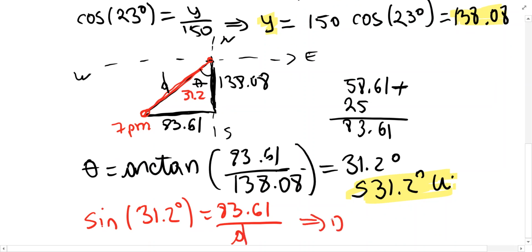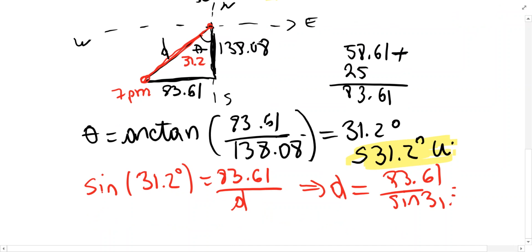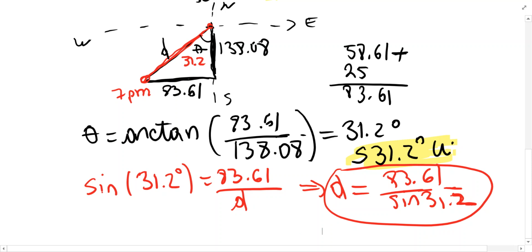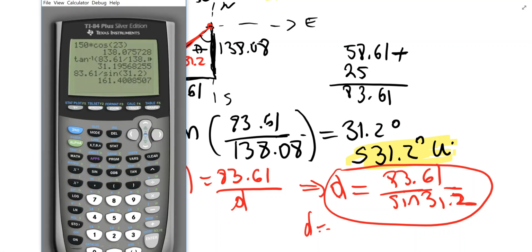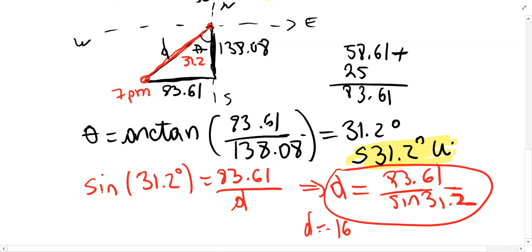We need to solve for d, so d equals 83.61 divided by sine of 31.2. When you put this in the calculator, you get 161.4. So that's how far the ship is from the port at 7 p.m.: 161.4 nautical miles.